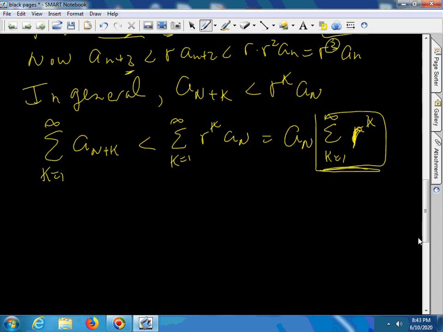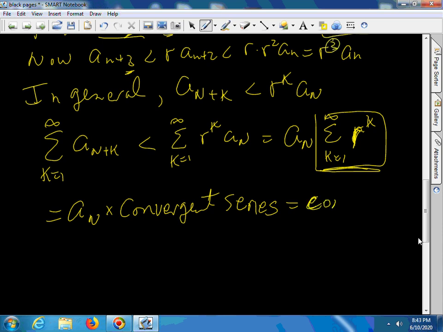So this converges. So this equals a sub n times a convergent series. It converges. The product converges. A sub n is just some positive number.